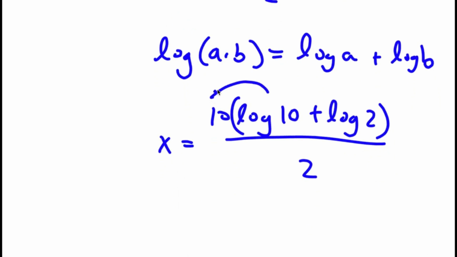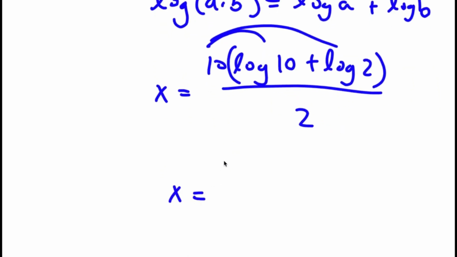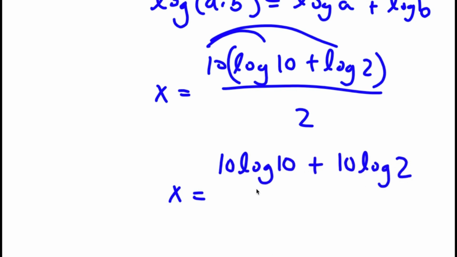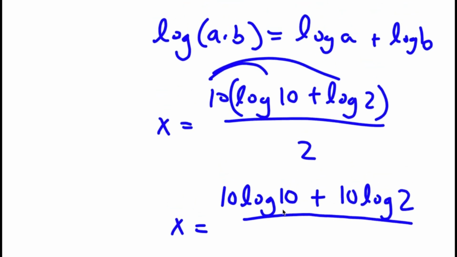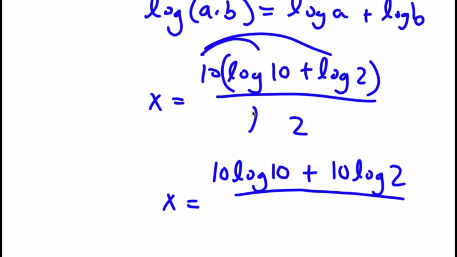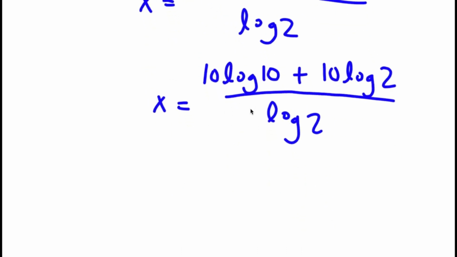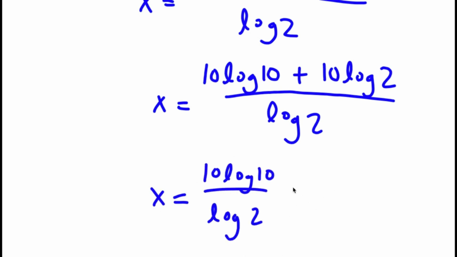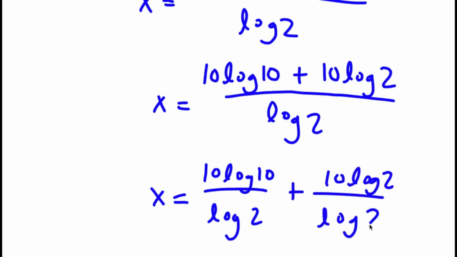Now I have this over log 2. Now, if I distribute the 10, I get 10 times log 10 plus 10 times log 2 over, sorry, this is actually log 2. And now, this is the same thing as 10 times log 10 over log 2 plus 10 times log 2 over log 2.